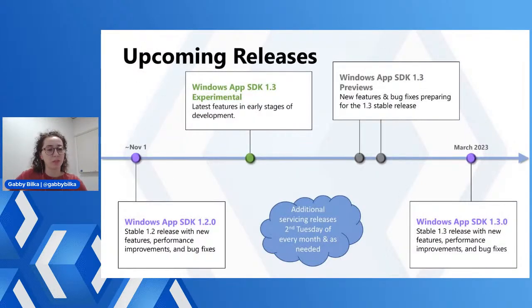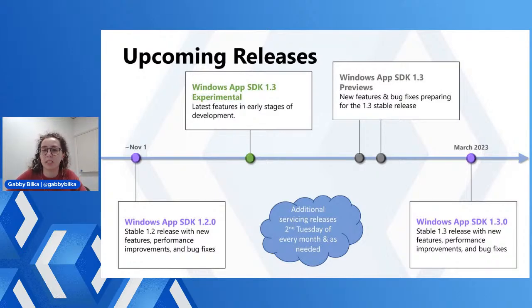And so, just more info about those upcoming releases. We're aiming to release the stable version in about 2 weeks, aiming for November 1st. But as always, this is targeted and may change. So if November 1st comes around and it's not quite there yet, don't worry, we're working on it. After that, we'll begin our feature planning cycle, which starts with WinAppSDK 1.3 experimental, those features in early stages of development, and then to previews, and then to a stable release.